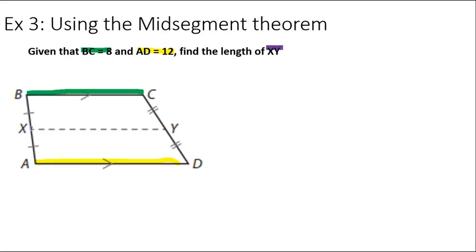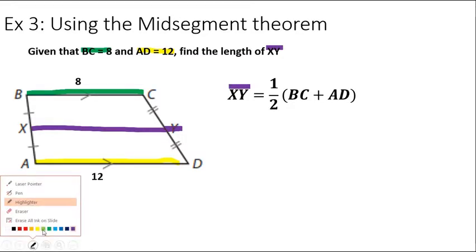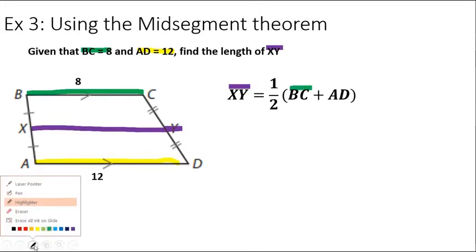So XY is that right there. So we know that BC is 8, AD is 12. So we want to solve for the length of XY. So we know XY is equal to half BC plus AD.